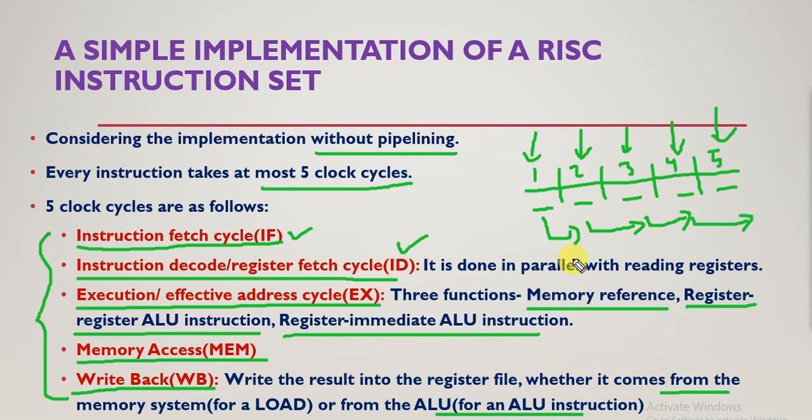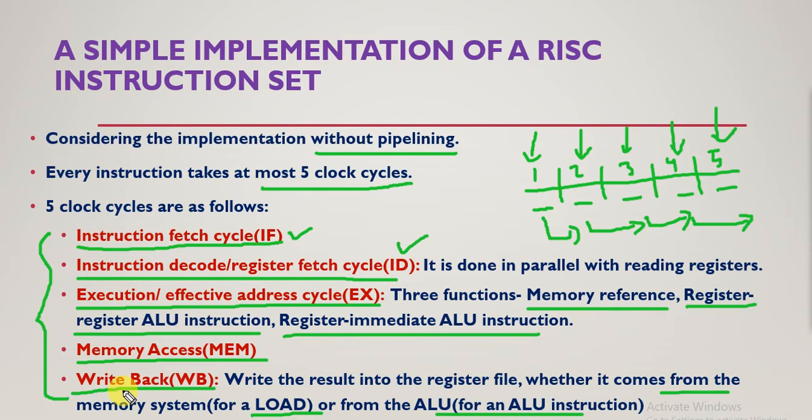Sometimes when we are reading data from memory using a load operation, that data is to be written into the register, or after the completion of these operations we need to write the result into the register. So the result is to be written back to the register. That is happening in the write back clock cycle.